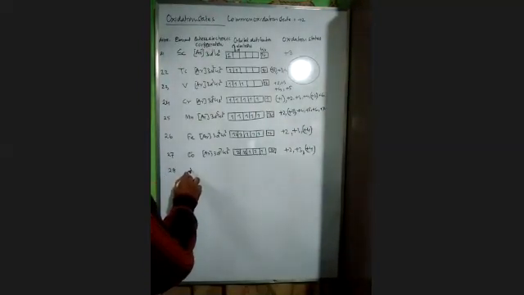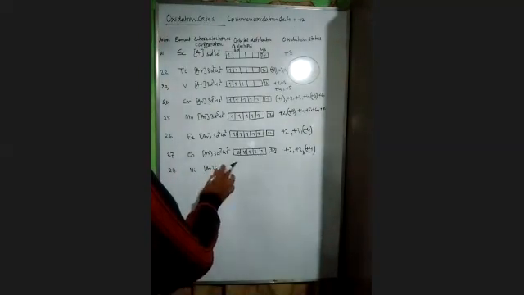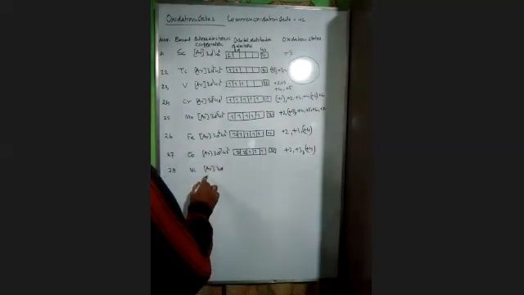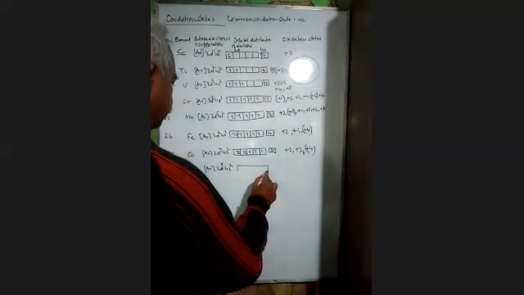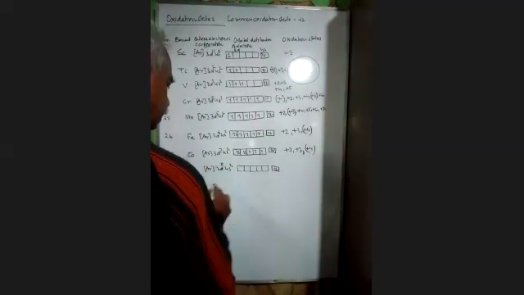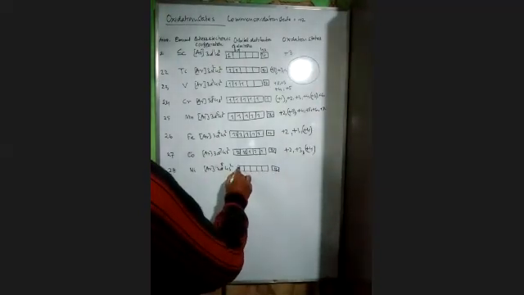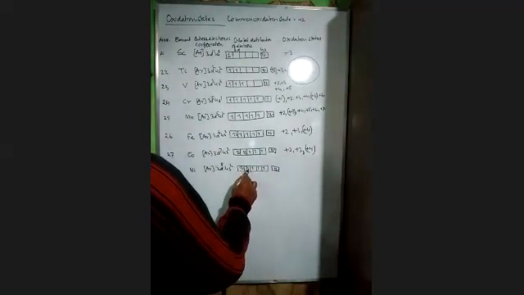28, nickel. So it is Ar, 3d, 18 plus 2, 20, and here will be 8: 1, 2, 3, 4, 5, 6, 7, 8.